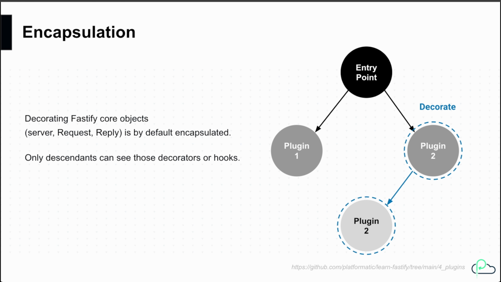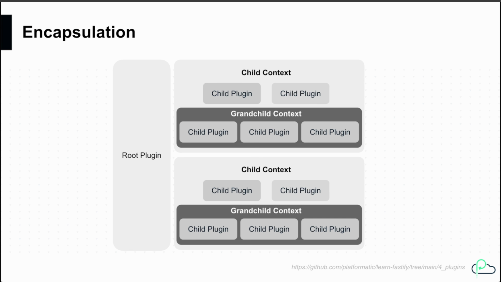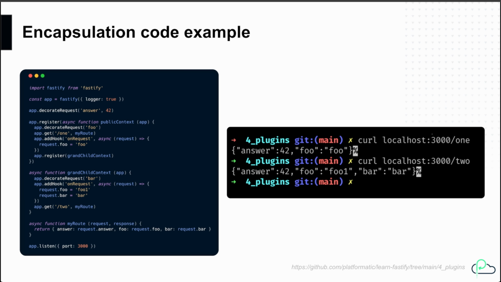Also, encapsulation limits the decoration only to the child plugins, this plugin tree. In fact, we can even do a root plugin and create contexts that go underneath. Hooks and decorators are constrained in each context. If you take a look here, you can see that we are specifying hooks in the contexts, okay?